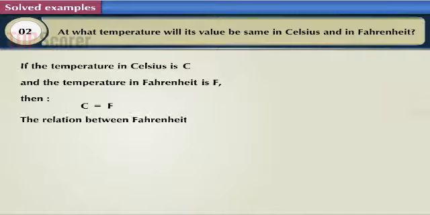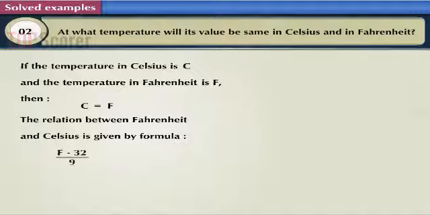The relation between Fahrenheit and Celsius is given by formula (F minus 32) upon 9 is equal to C upon 5. This can be written as (C minus 32) upon 9 is equal to C upon 5. Thus, (C minus 32) into 5 is equal to C into 9.